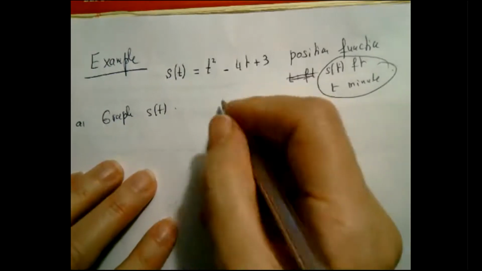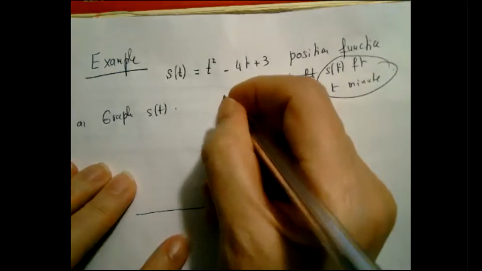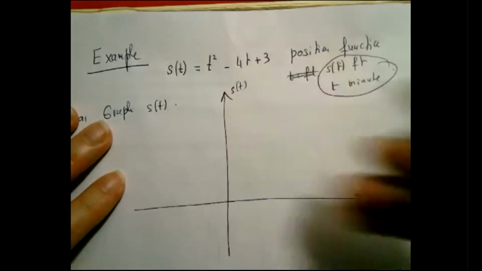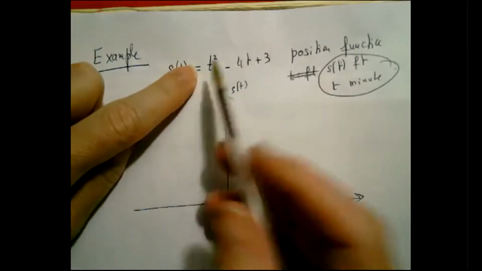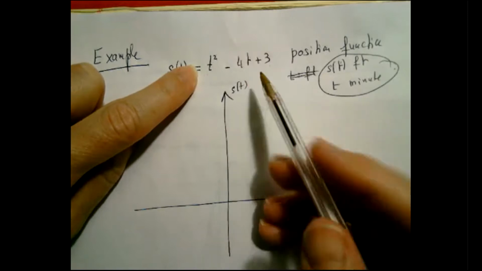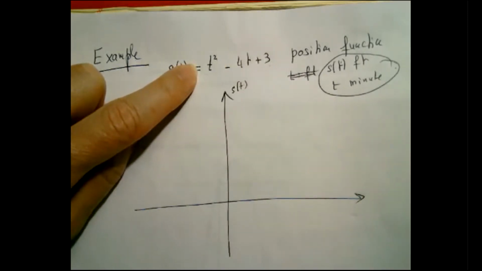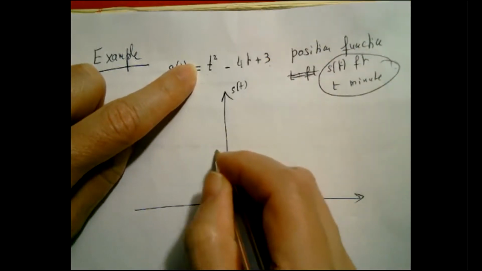All right, so how can we graph it? That's S of t, and that's a parabola. We can of course use a graphing device, but this is a parabola going up. At t equal to 0, I am at +3.